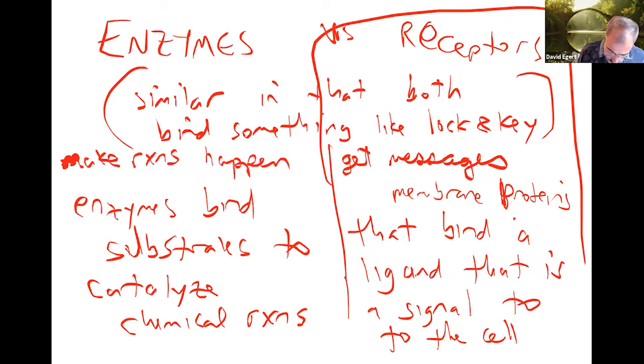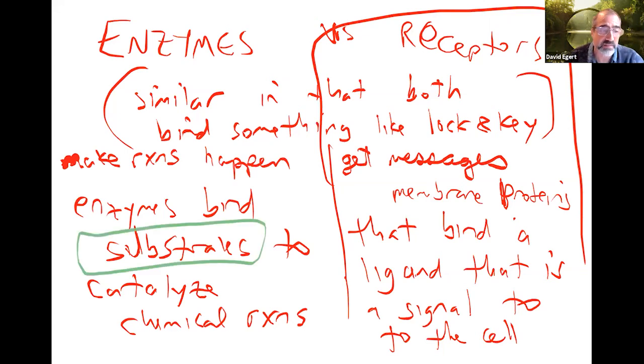And even the word we use for what they bind: we say the enzymes bind the substrate. That's the chemical or the molecule that's attaching to the enzyme that is going to then be catalyzed. Receptors, we say bind the ligand, like the signaling molecule.